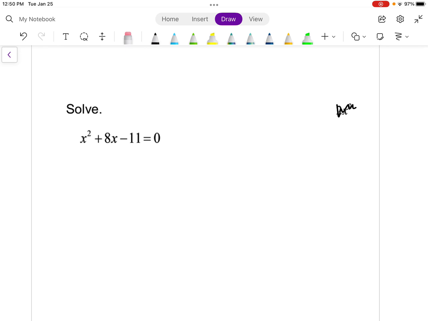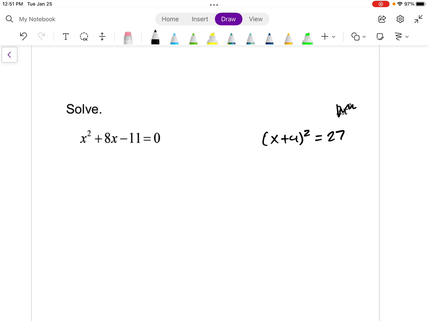Before we do, though, I want to remind you of something. Write down this equation. We did these also in the last lesson. Let me change it just a little bit, actually. Let's write down this one: x plus 4 squared equals, let's make it 27.